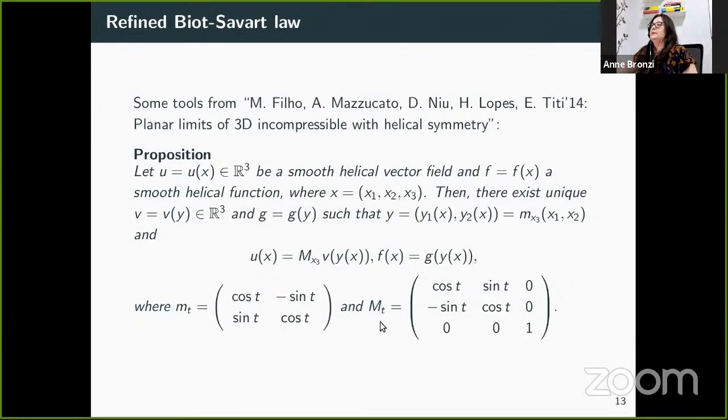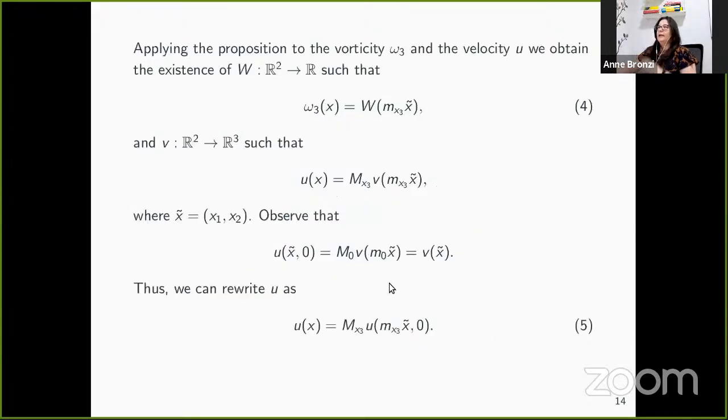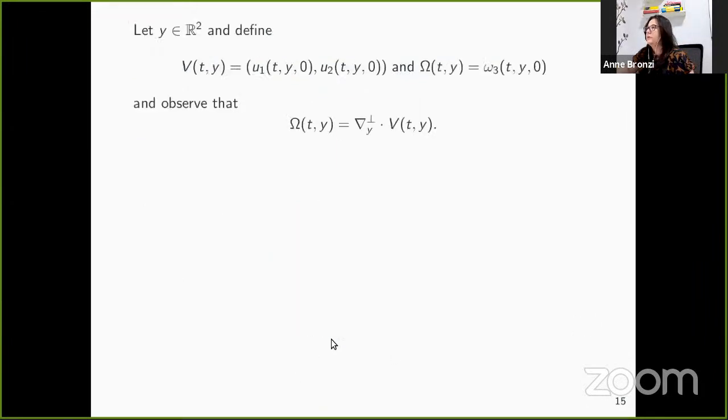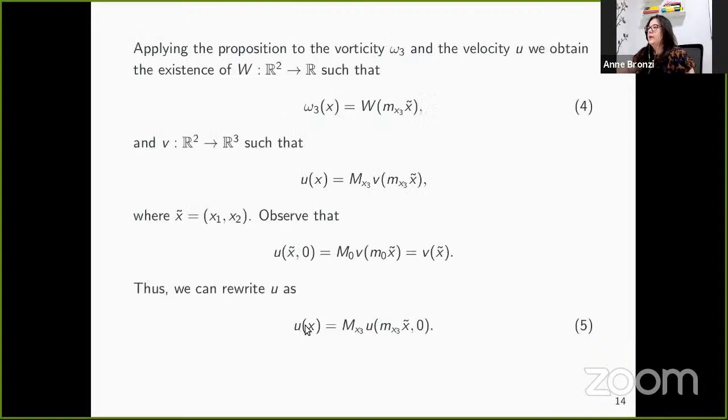so this is a different way of writing this. And when you see this, you can write U as this rotation of U, of the first two components of X. And here you put nothing, it doesn't depend on the third component here.